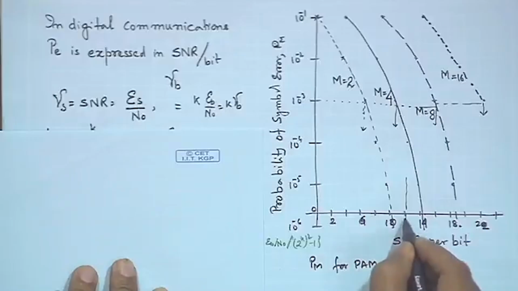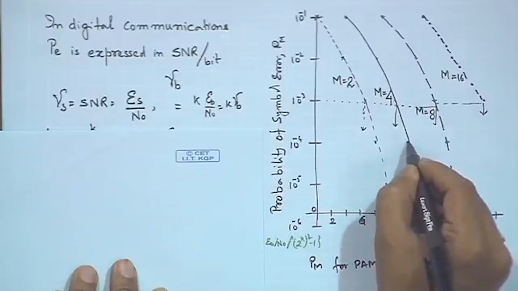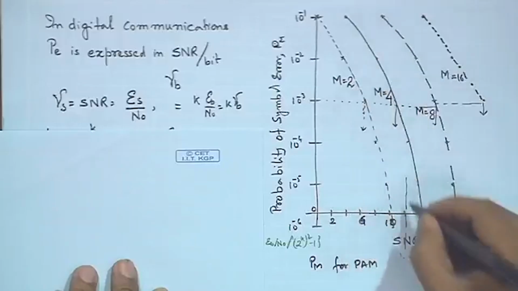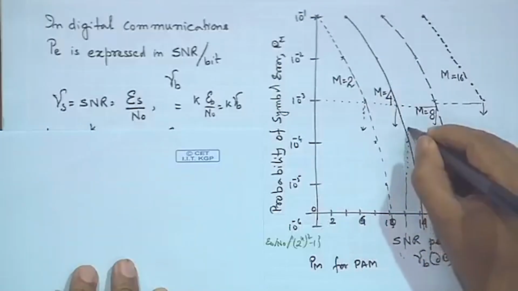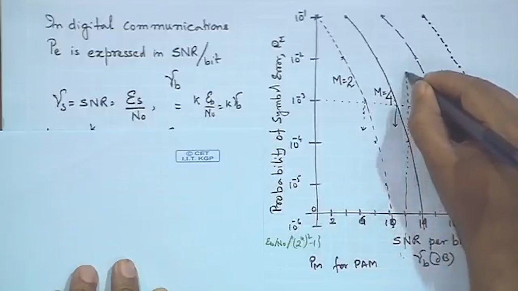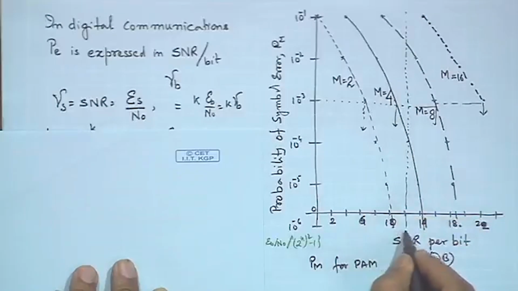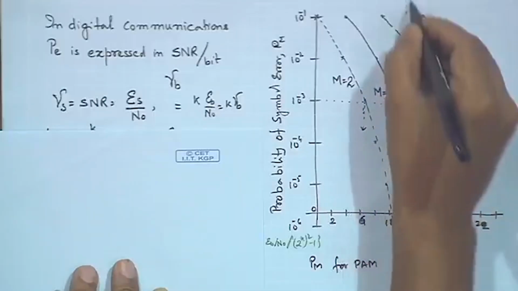As I keep my SNR per bit constant and I move to a higher order constellation, the probability of error simply increases. If I draw a line along this direction, I find that if my SNR per bit is maintained constant, the error probability increases.